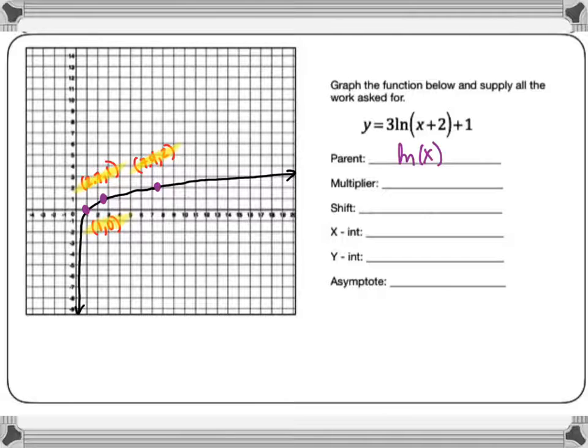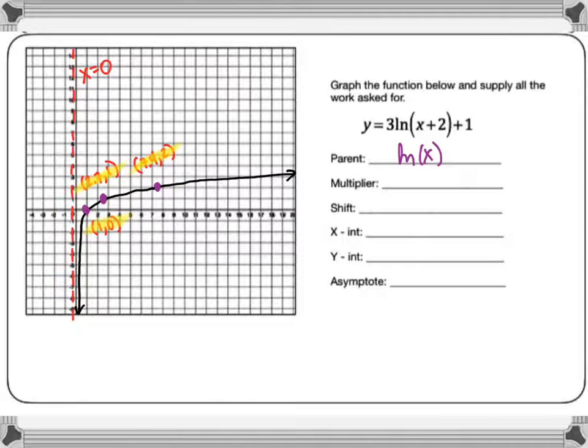Let's take a look at how we're going to actually do this. One thing before we start, I do want to mention that we also have an asymptote here, which is going to be at x equals 0.